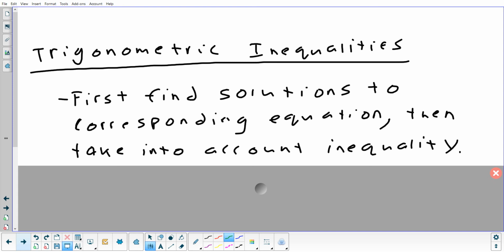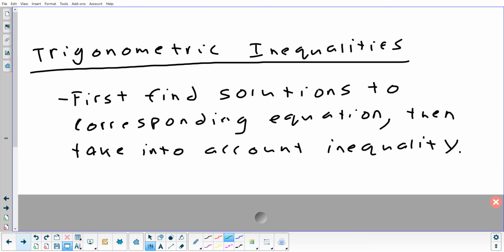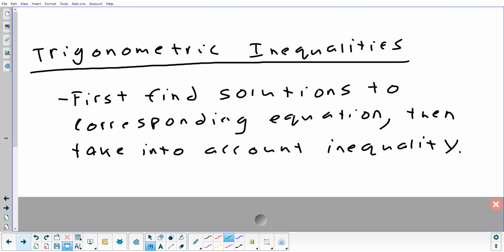You graph it, and you find all the roots or all the intersection points in one cycle. Once you do that, then you take into account the inequality. Do you want to know where you're above a certain region or below a certain region? Is it equal to, in which case you could use a bracket, or is it strictly a greater than or less than? And then you'd have to use a parenthesis.